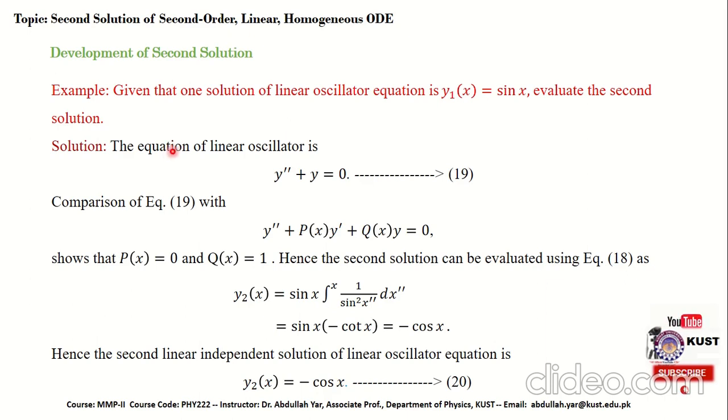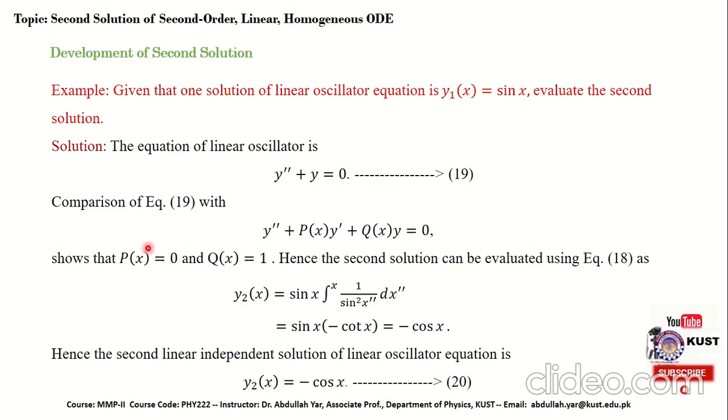So the equation of the linear oscillator having this solution can be described by y double prime plus y equal to 0. If we compare this equation with the general form of the second order linear homogeneous ordinary differential equation described by y double prime plus p of x y prime plus q of x y equal to 0, we obtain p of x equal to 0 and q of x equal to 1.